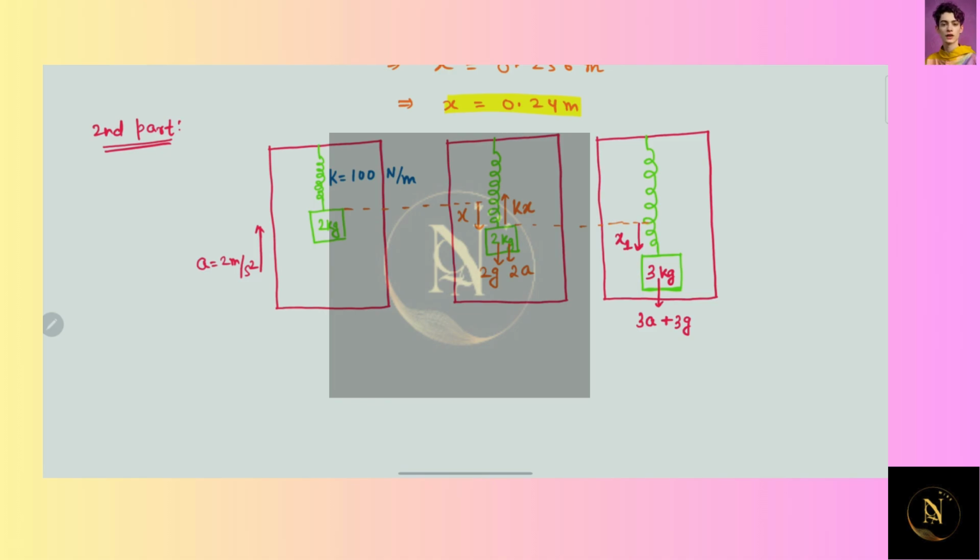On the spring there will be a net force of kx plus kx1, because the net elongation of the spring will now become x plus x1.